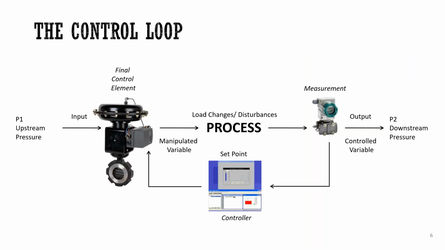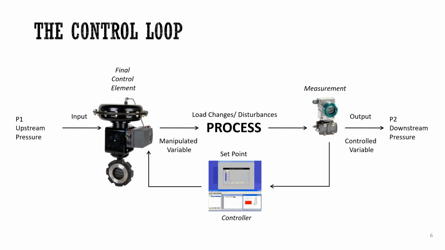What's in a control loop? Here's a very bog standard view of the elements in a control loop. As most of you may know, a lot of control loops can be much more sophisticated than what I'm showing here. But you can see the final control element, which is the control valve. The flow goes through the control valve and goes to the measuring device.